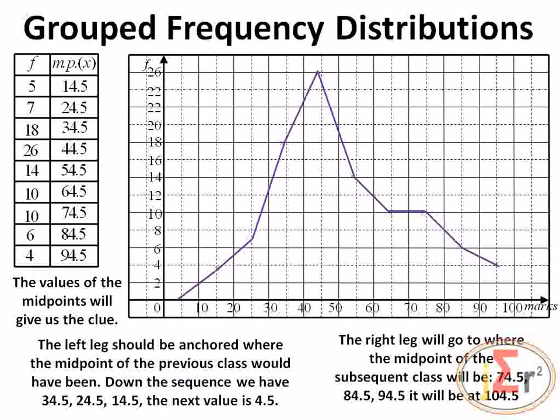We put the right leg where the midpoint of the subsequent class will be. And of course, if we follow the sequence, 74.5, 84.5, 94.5, we'll put it at 104.5. Right there. So that completes our frequency polygon.